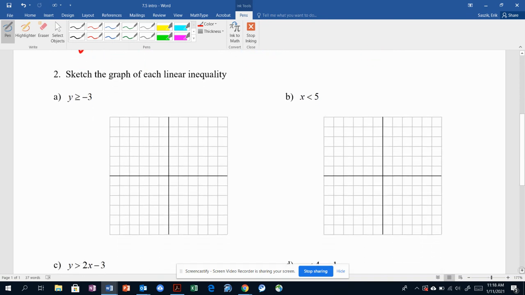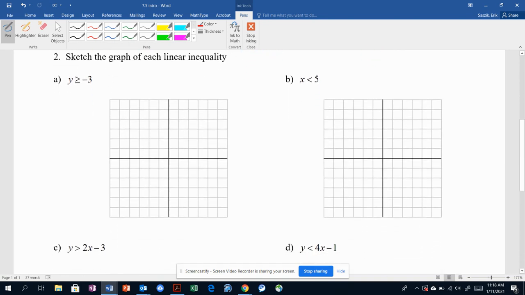Now, most of what we're going to be doing is graphs. Remember, we can think of this as slope-intercept form, like y equals, even though it's an inequality. But remember, y equals a plain number would be a horizontal line. We go down to the -3, and we would draw that horizontal line. Now, what this says is y is greater than or equal to -3.